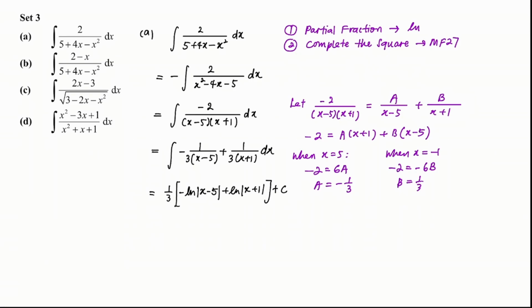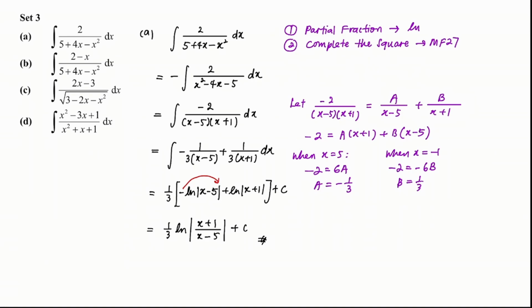If you notice, this one has a negative power, so we can bring the negative power up to make it power -1, and we will see that we have x plus 1 divided by x minus 5, plus c. So this would be our final form of the integration for part A. This is using method 1, partial fraction.